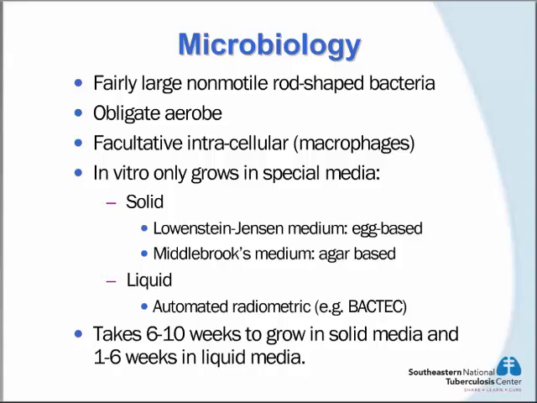They are obligate aerobes, and this probably explains a little bit why they like, in particular, the well-aerated areas of the lungs, the upper lobes of the lungs. They're also facultative intracellular organisms, so they actually live in the macrophages and can persist in the macrophages for long periods of time.